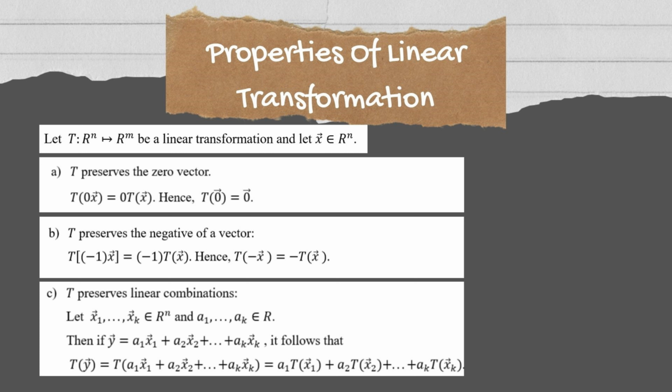The third one is T preserves linear combinations. Let x1 until xk be in Rn and a1 until ak be in R. Then if y equals a1 x1 plus a2 x2 plus until ak xk, it follows that T(y) equals T(a1 x1 plus a2 x2 until ak xk), which is equal to a1 T(x1) plus a2 T(x2) plus until ak T(xk).